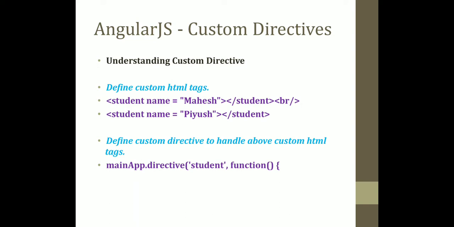Then define a custom directive to handle the above custom HTML tags. How will we define that custom directive? Like myApp.directive, we pass parameters. First is student and second is a function.